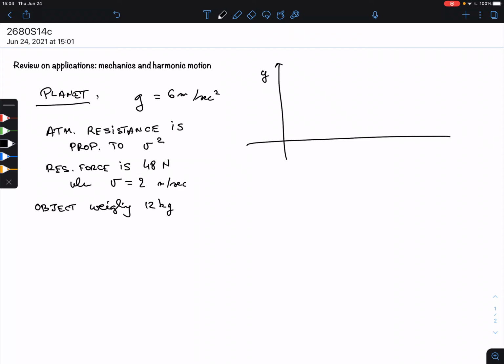12 kilogram, and did I write, what else did I have? Sorry, I'm looking for my notes here. I thought I wrote it up somewhere. I guess I didn't. Yeah, an object weighing 12 kilogram is launched from the surface, say, with a speed of, where was the speed here?